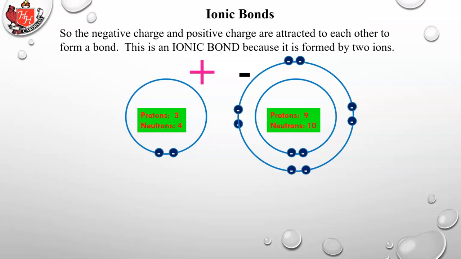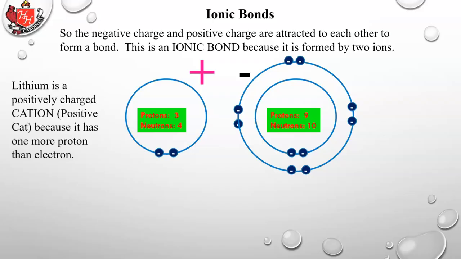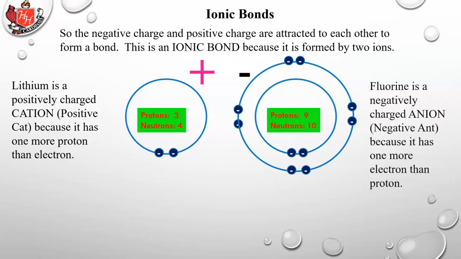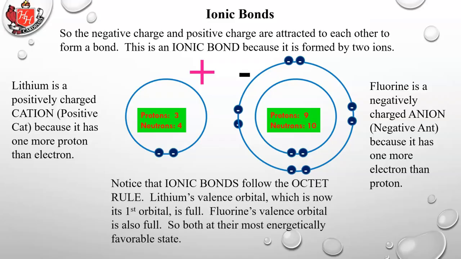This is an ionic bond because it is formed by two ions. Lithium is a positively charged cation because it has one more proton than electron. Fluorine is a negatively charged anion because it has one more electron than proton.